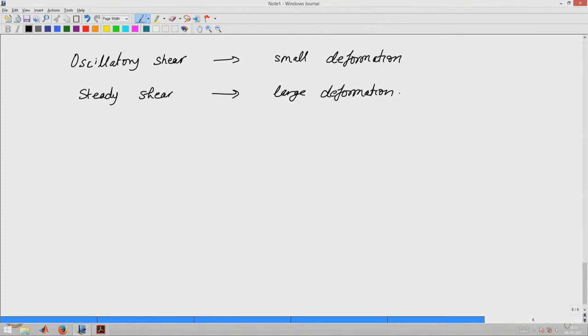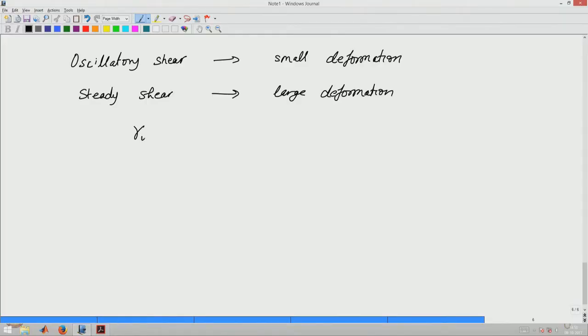What we are saying now is, can we combine the two? For example, if we have a steady shear experiment and we think of it in a parallel plate, then basically the plate keeps on moving like this, that is steady shear. Oscillatory shear is we just do this, but now what we are saying is the plate is moving, but at the same time it is also oscillating.